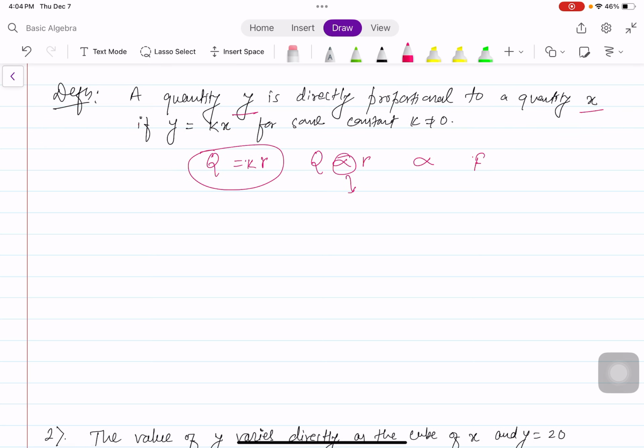For example, force is directly proportional to the product of masses. But when this proportionality relation is written in terms of an equation, they choose to write some constant and write it in this fashion. So please take care of that.